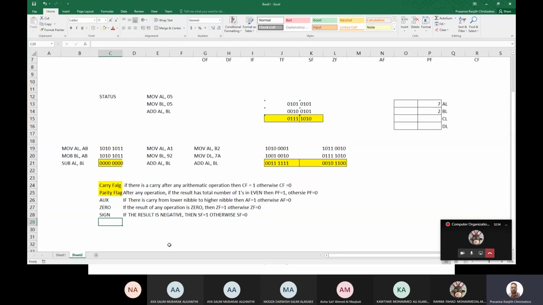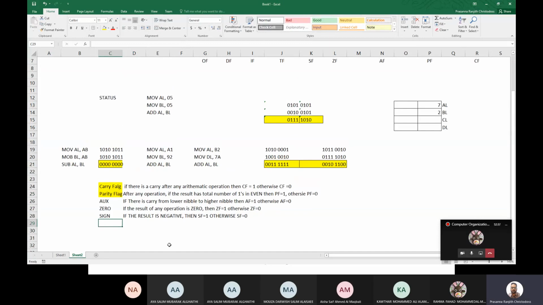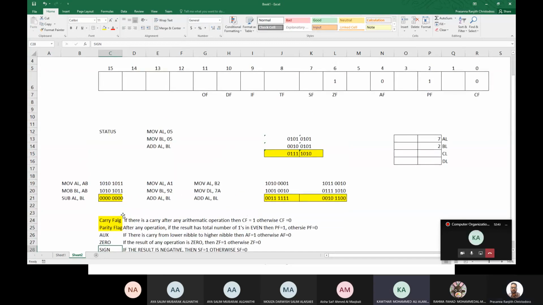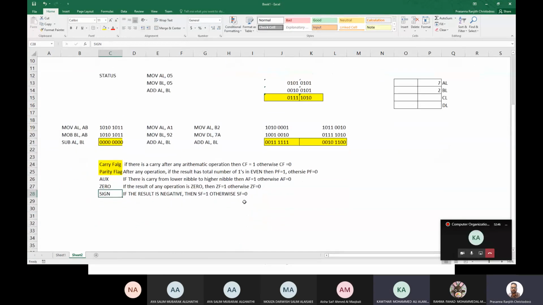How do you know whether the result is negative or positive? I'm going to tell you a very easy technique. Don't forget this one.